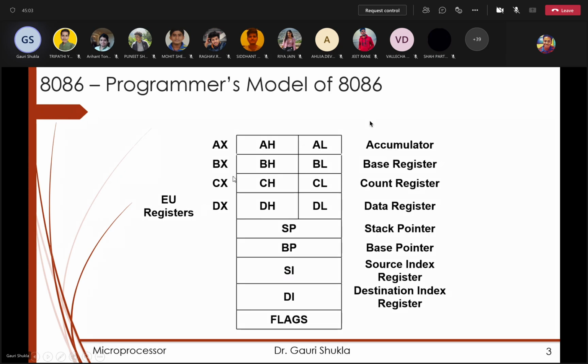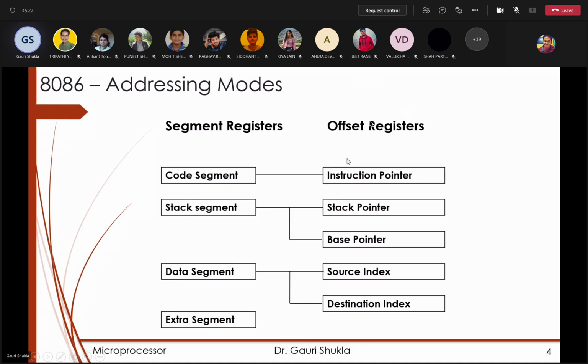Then the EU registers are the general purpose registers AX, BX, CX, DX, right? Then you have pointers: stack pointer, base pointer, and the index registers, source index and destination index, and the flag register. I'm not going to explain this once again, but this is called a programmer's model. You should know it.